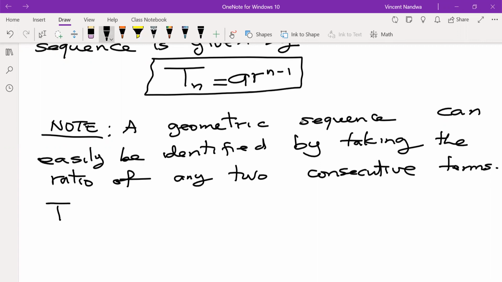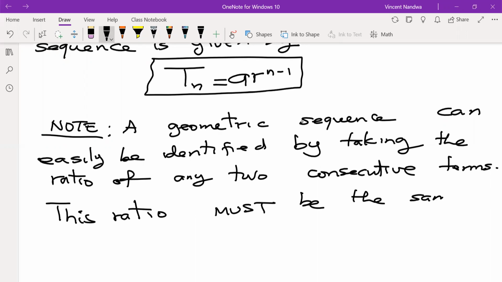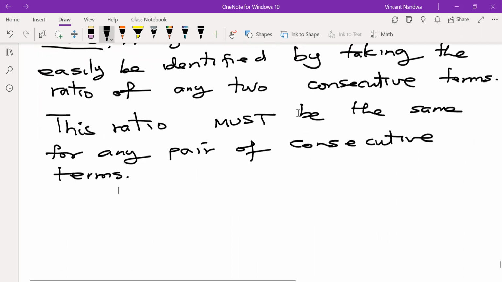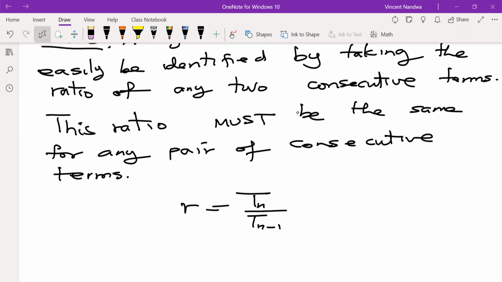Then this ratio must be the same for any pair of consecutive terms. And remember, R is given by Tn over Tn minus 1.